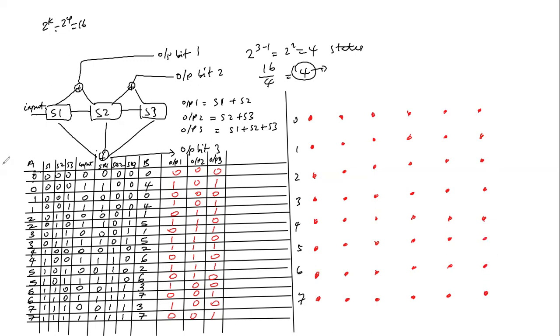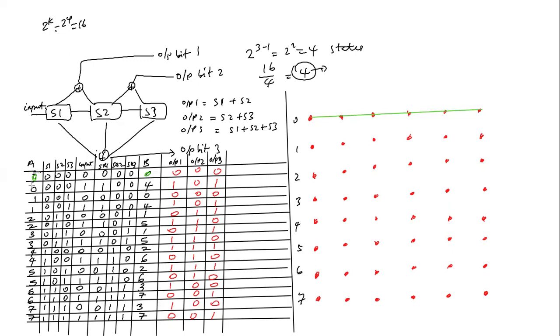Now we want to design this just the same way we did the other. Let's use this color. We move from state 0 to state 0, using straight lines, 0 to 0 all the way.